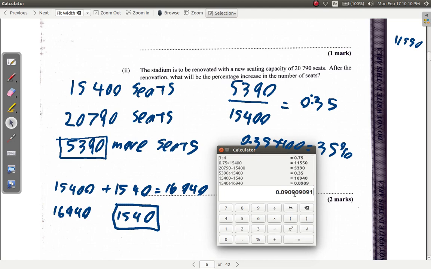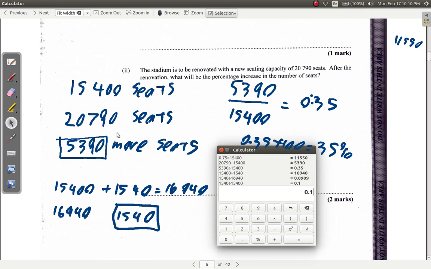This is 9%. You should put this 1,540 over the 15,400. Then you get 0.1, which is 10%.